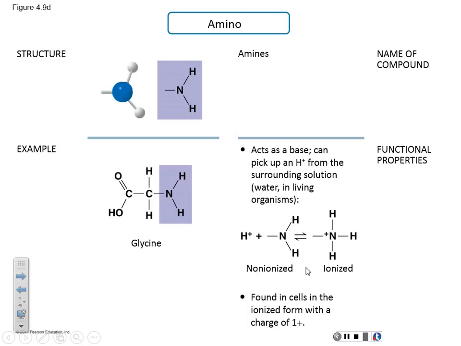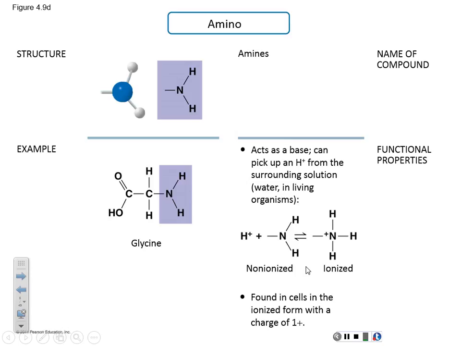All right, now I already mentioned amino groups and what I was saying about carboxyl groups. Carboxyl groups are something that impart a negative charge to carbon molecules. Amino groups impart a positive charge, or tend to impart a positive charge to carbon molecules.